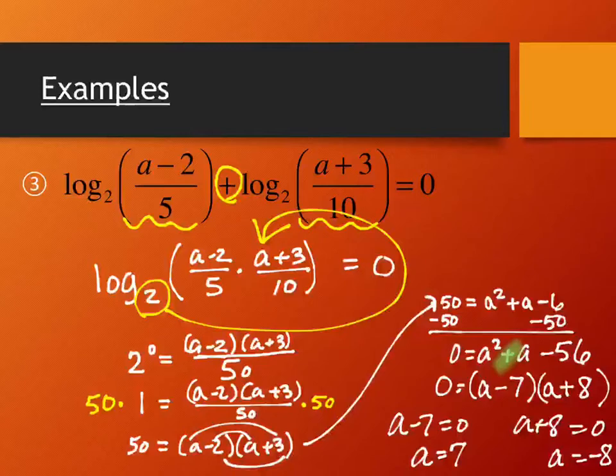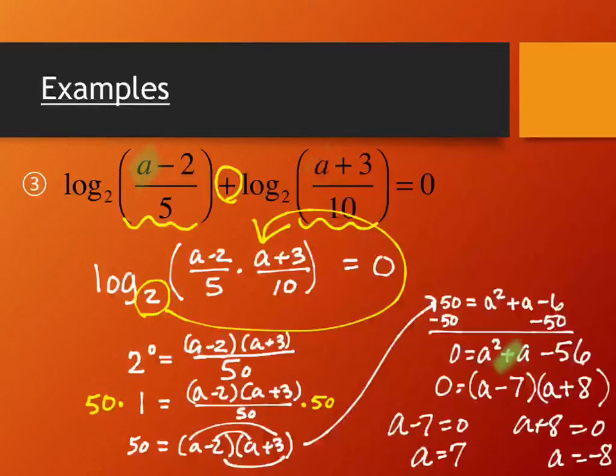So if I put a 7 in, and we'll do it into each of the interiors here, 7 minus 2 is 5, and 5 divided by 5 is positive, right? Over here, 7 plus 3 is 10, and 10 divided by 10 is positive. All good to go? Yes, definitely.